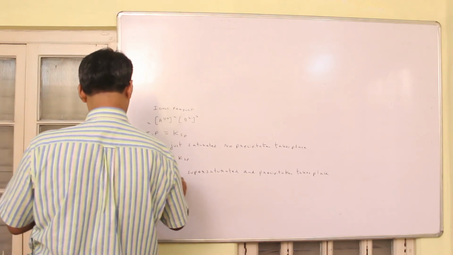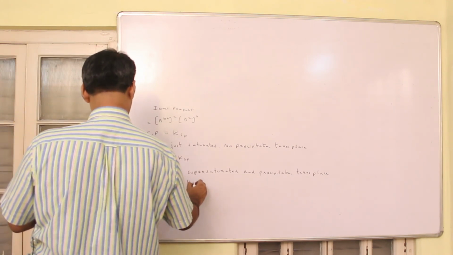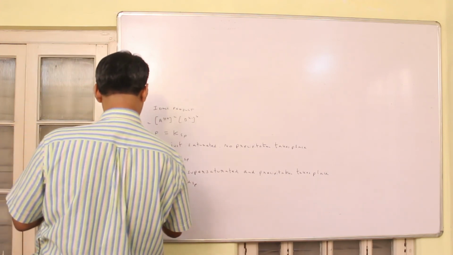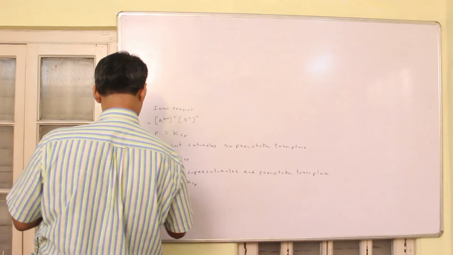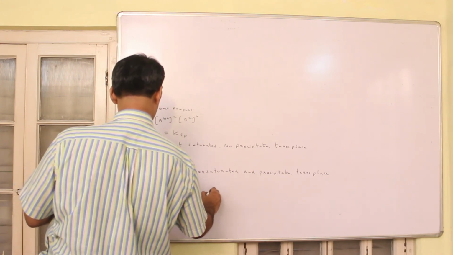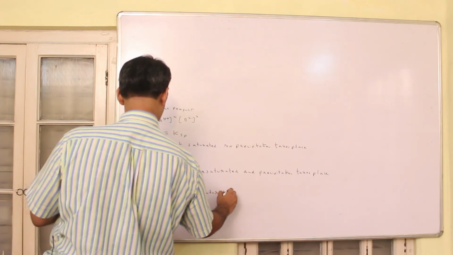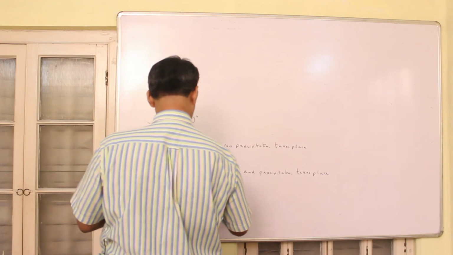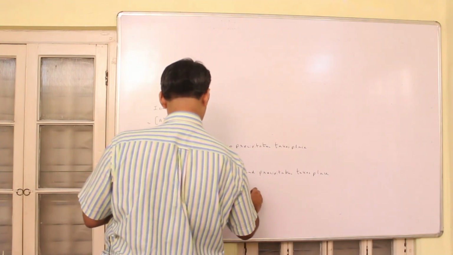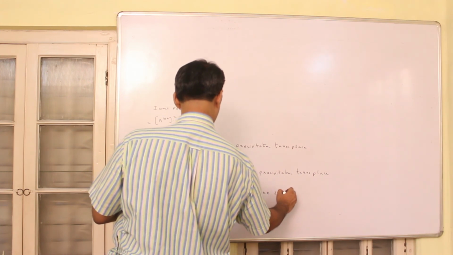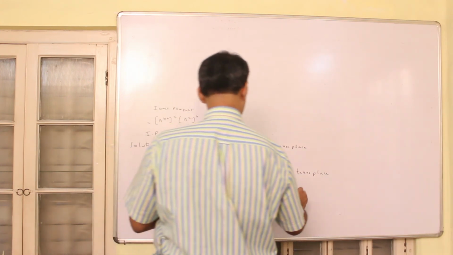If the ionic product is less than the solubility product, then the solution is unsaturated and more solute can dissolve.